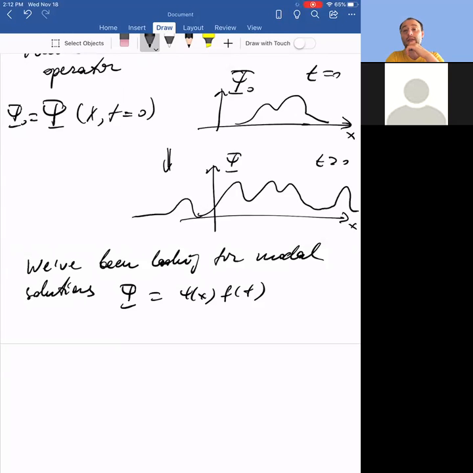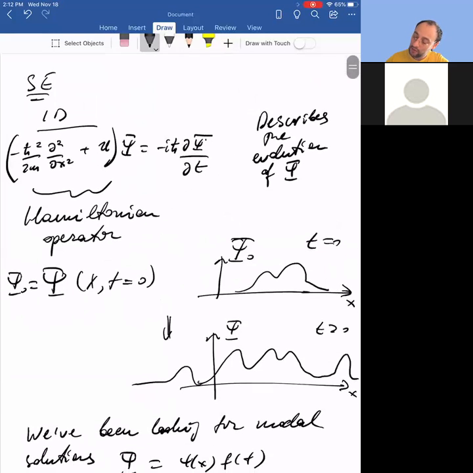And those special solutions are such that you can separate the spatial coordinates and the temporal coordinates. So these are very special solutions. It's not a general solution. But they're useful because you can build any general solution out of these modes, out of these modal solutions.